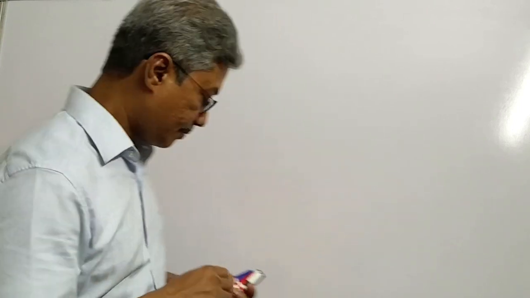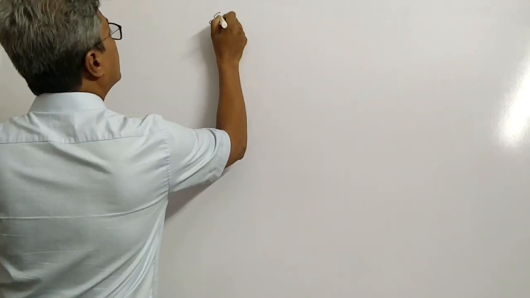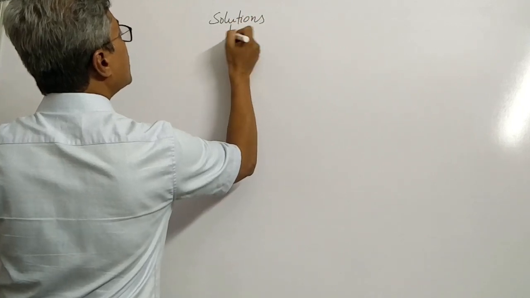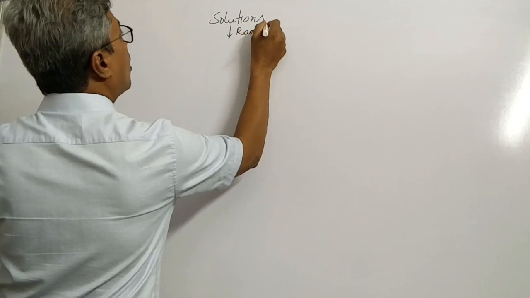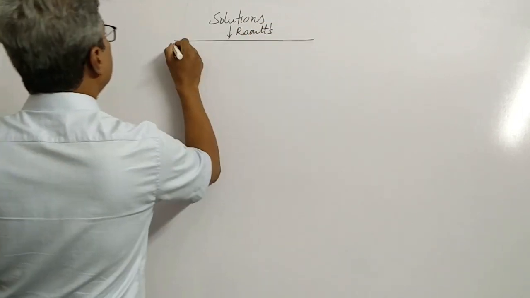Now the question arises: what makes them behave ideal and non-ideal? Let us see that. Solutions, based on Raoult's law, are classified into two categories.